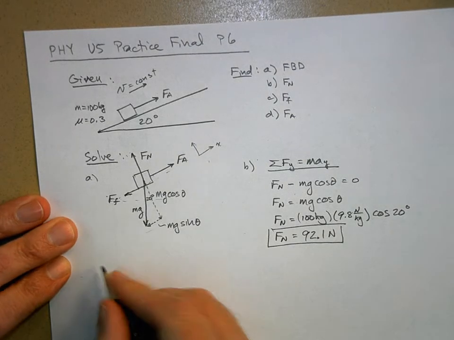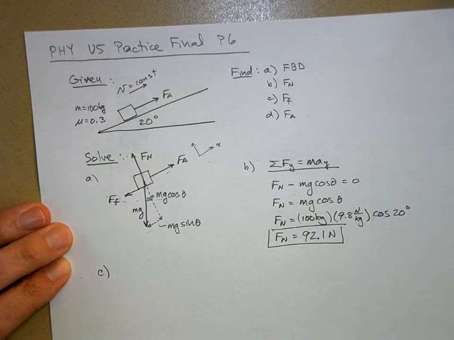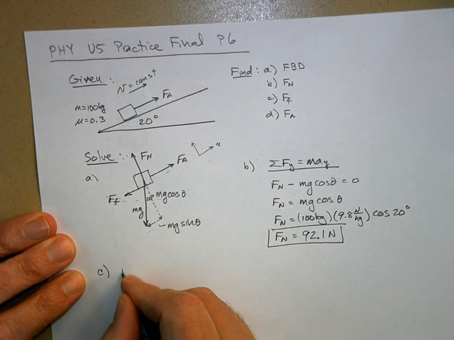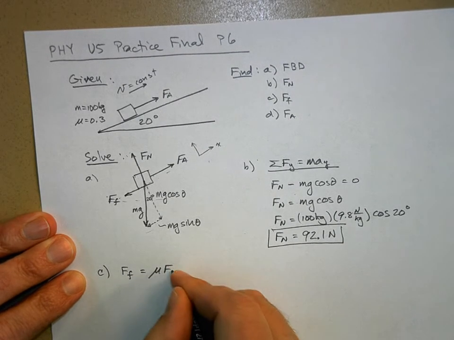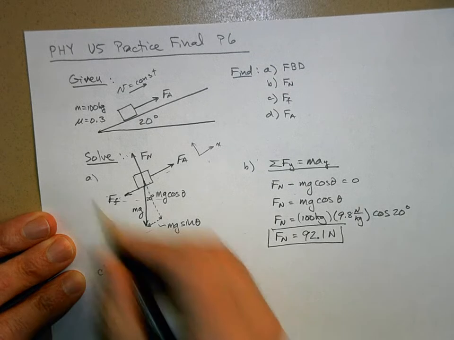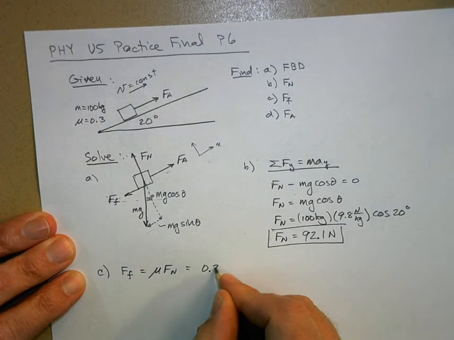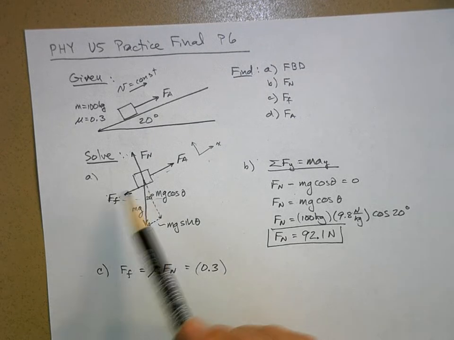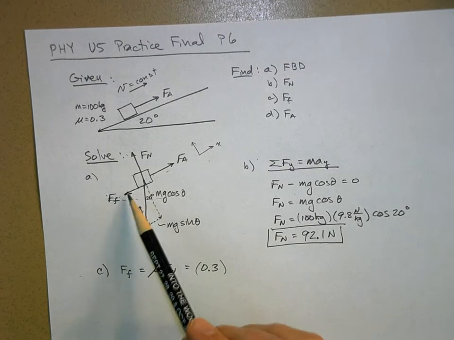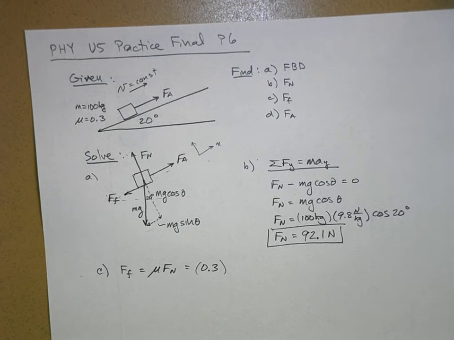Now for part C, I want the force of friction. Well, the force of friction is equal to mu times the normal force. Well, mu is 0.3. Hey, big mistake students make, big mistake. On the free body diagram, they'll show the force of friction as being 0.3. Like, oh, the coefficient of friction is the force of friction.